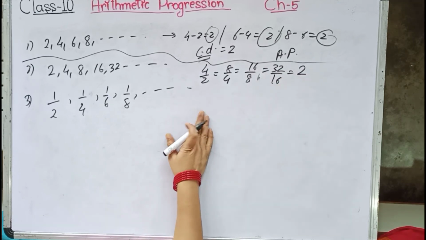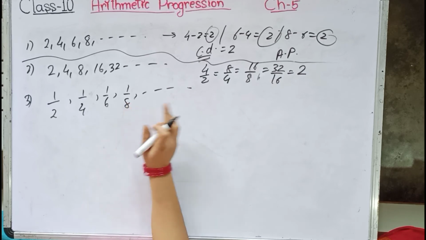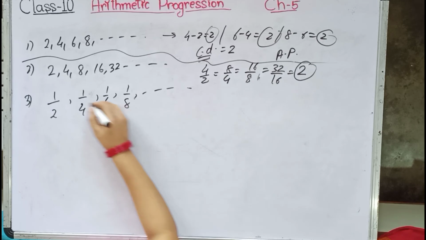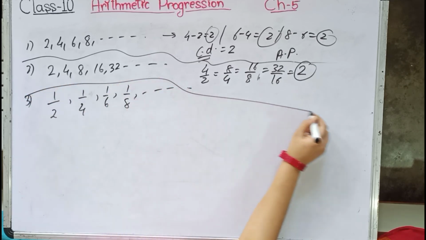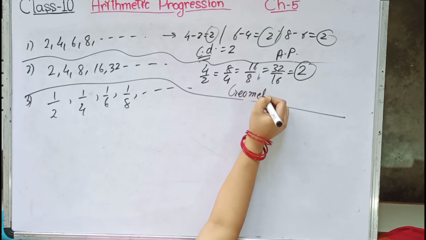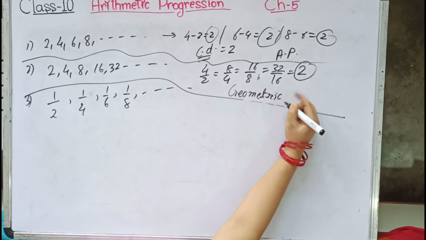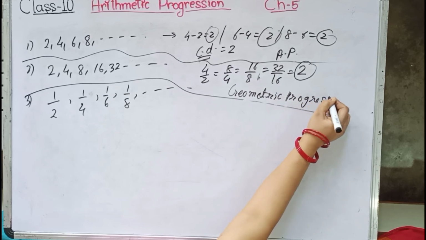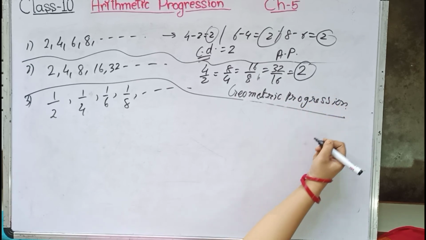So here we see that the second term by the first term is coming constant throughout, that is 2 over here. Now this type of series is called geometric progression, which we don't have to do in standard 10. This we will be doing in class 11.